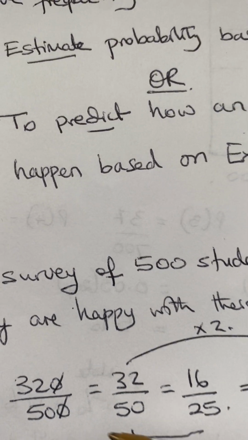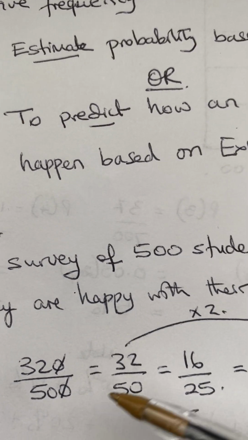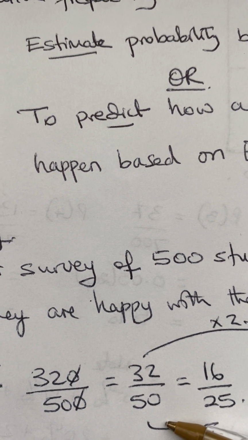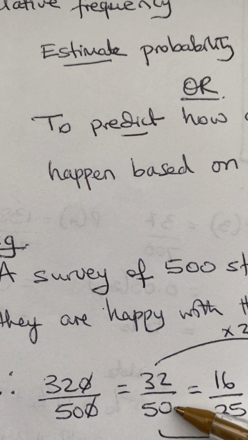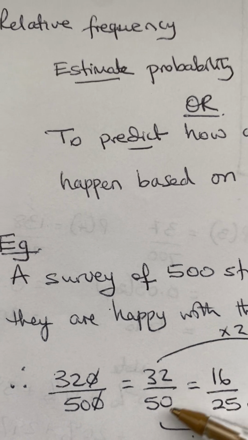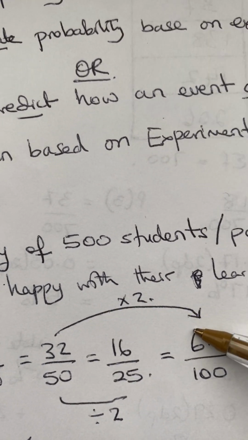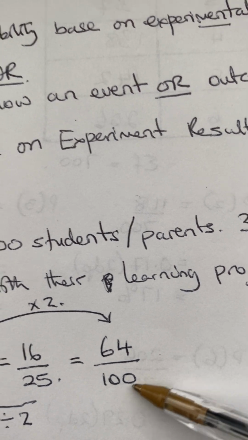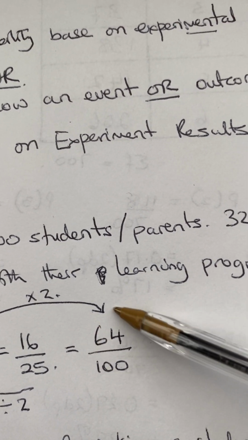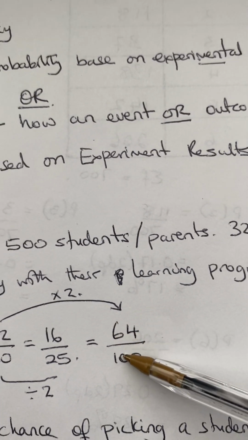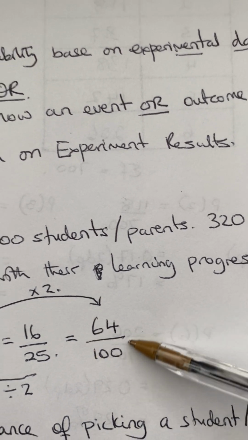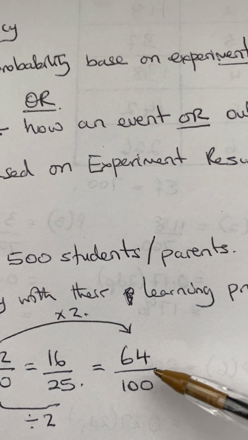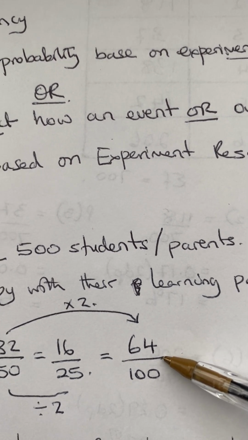So if I take the 0 off, I'll get 32 out of 50. Now if I multiply by 2, I get 64 out of 100, which is 64%. That is, depending on what they are asking us to leave our answer in.